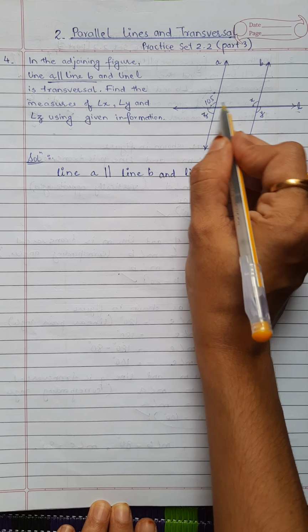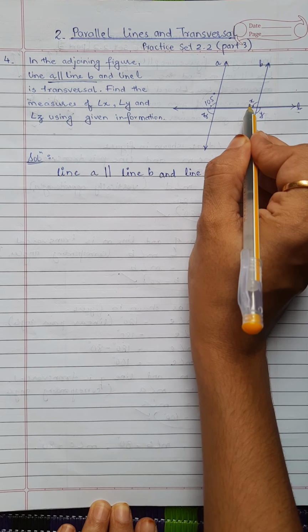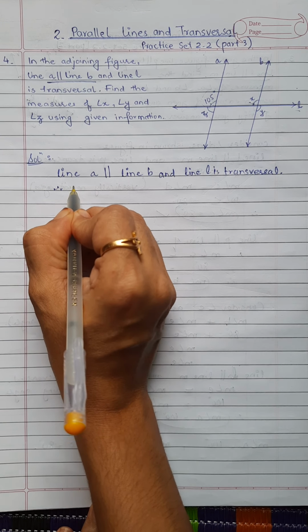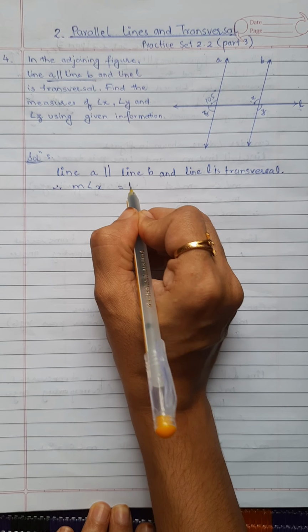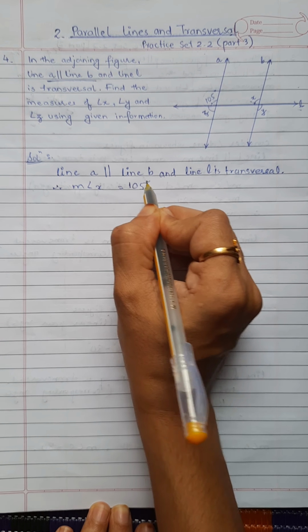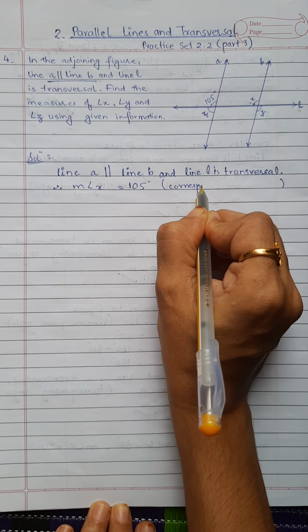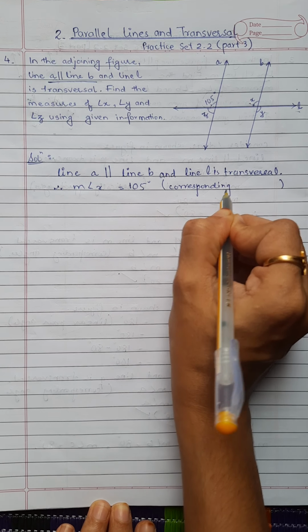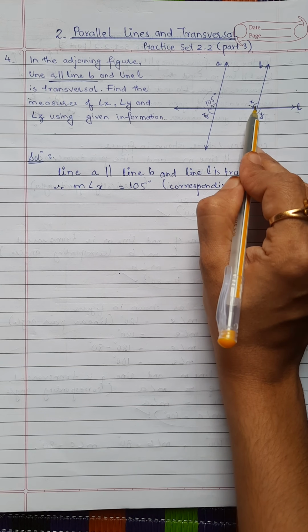So angle X will be 105 as this forms a corresponding angle with this. Therefore, measure of angle X will be equal to 105 degree. Write the reason: pair of corresponding angles. Now you got X.